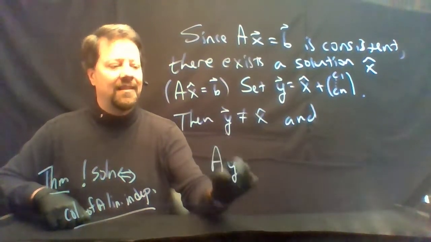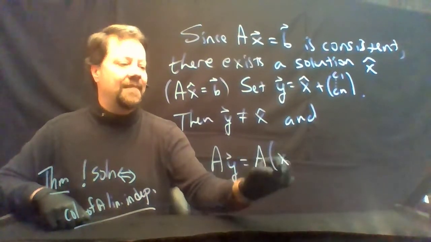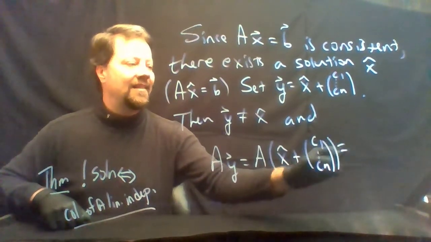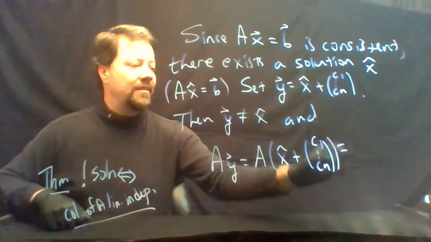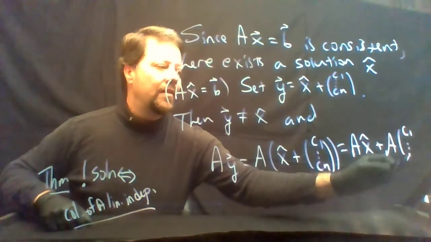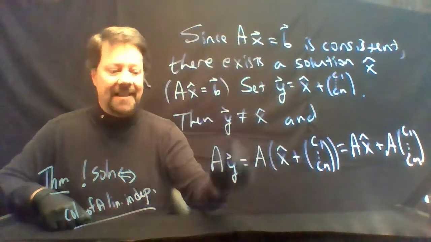And Ay is A times x hat plus this vector c1 through cn. We can distribute to obtain A x hat plus A times c1 through cn. Now we know what A x hat is. A x hat is b.